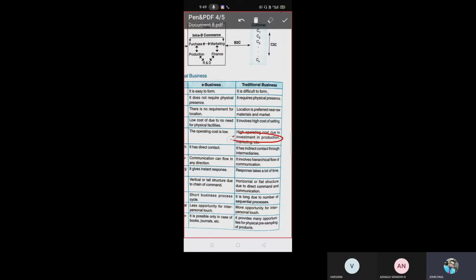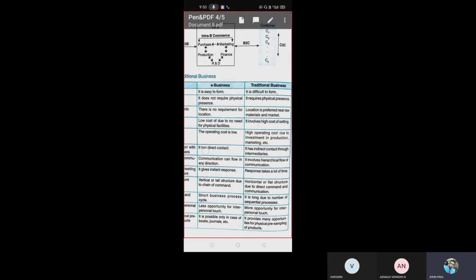They have their own manufacturing unit. Then they need to do marketing through advertisements on television, radio, YouTube and social media.